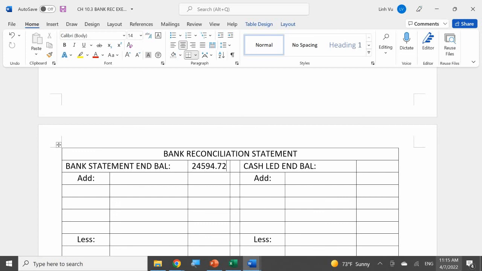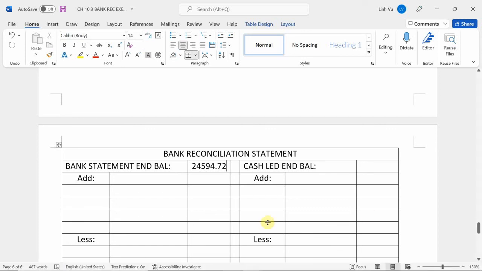You don't add checks. What do you need to add?